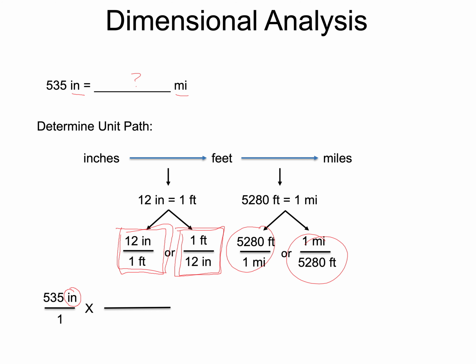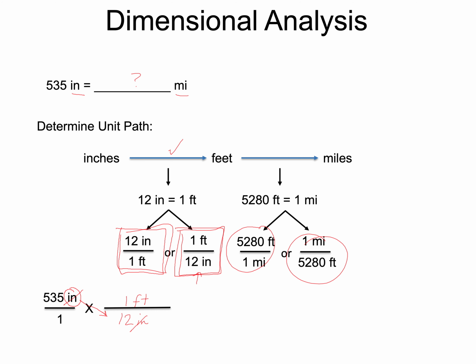We want that unit to go in the denominator of our fraction. So we pick one. It turns out it's this one right here, so we write that fraction here, 12 inches. If we multiply these two fractions together, inches would cancel themselves out. That's the whole goal: we want to cancel those units out and be left with the unit of feet. So we have now used our first conversion factor.